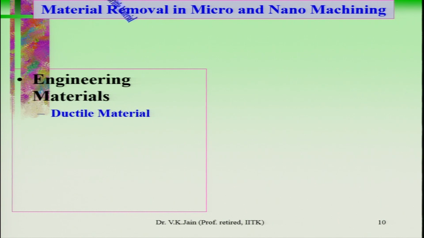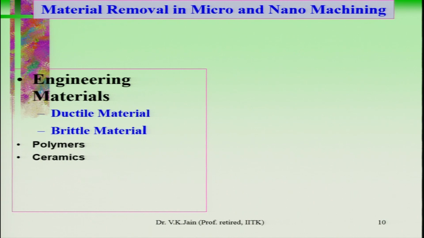Engineering materials, as I have mentioned to you, you can classify them into ductile and brittle materials, and also polymers are there, another category, ceramics are there. So, you have the metals, polymers, ceramics, and I am not discussing here composite materials or other types of materials as such.